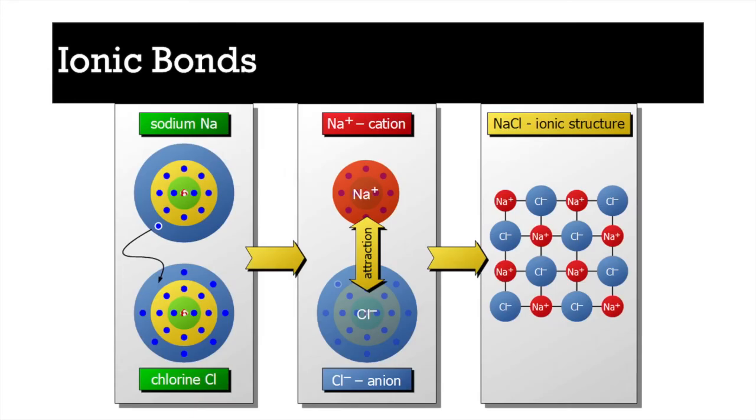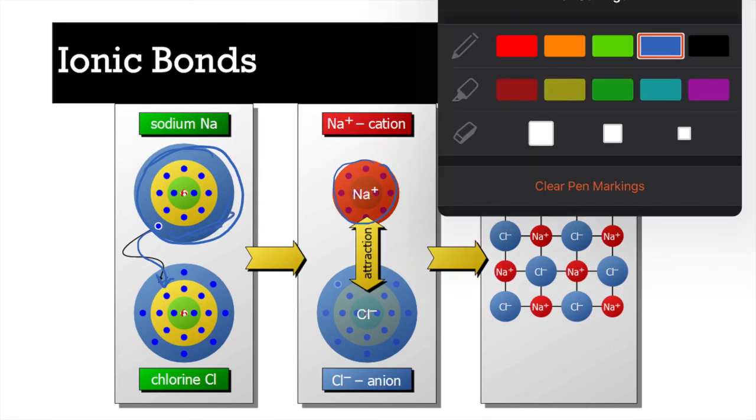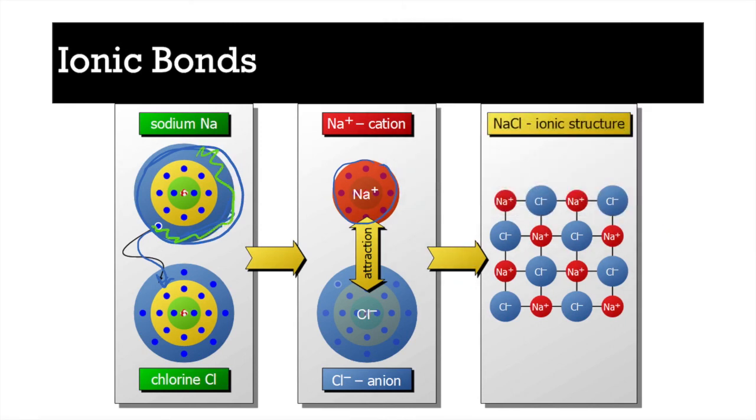To see this in more detail, one last picture. Sodium has that one valence electron. Here is sodium's valence shell, that blue shell. When sodium gives its electron to chlorine, you now have that sodium ion. This whole shell disappears because there's nothing in it.